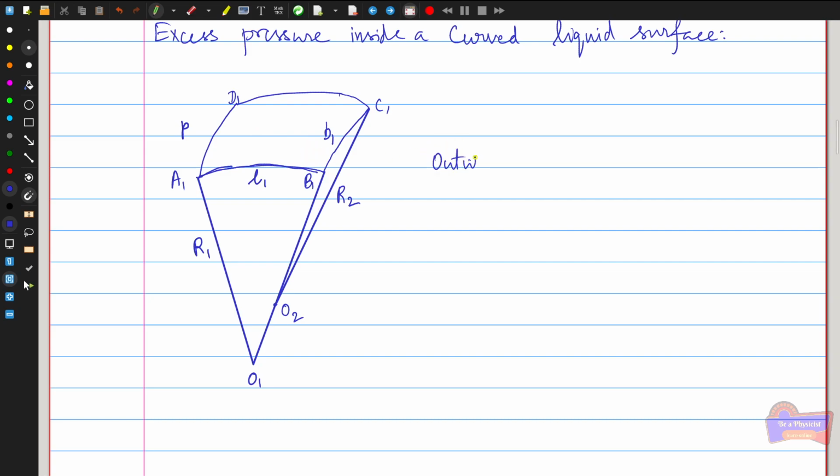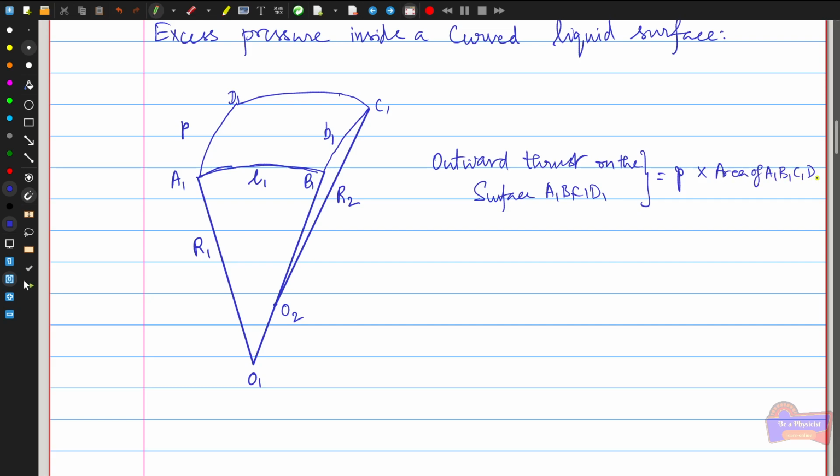So the outward force on this liquid element is P times the area of the element A1B1C1D1. Since it is a rectangular element, the area is length times breadth, so length is L1 and breadth is B1, and I can write this as P times L1 times B1.